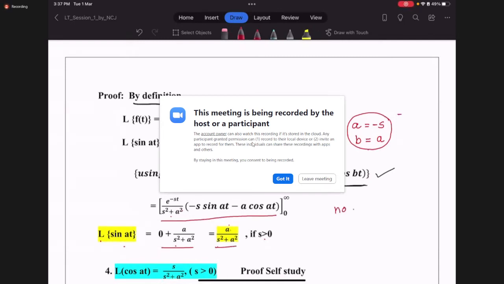No proof can be asked in the exam. There is no proof for this, nobody asks. Understood?